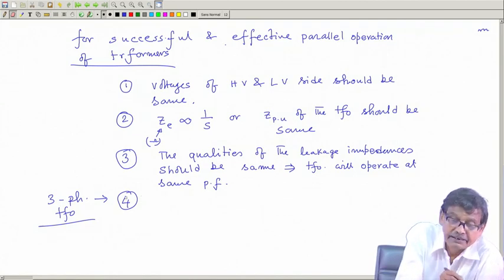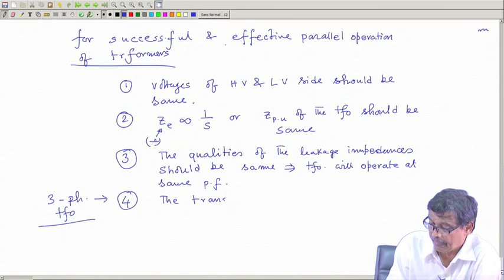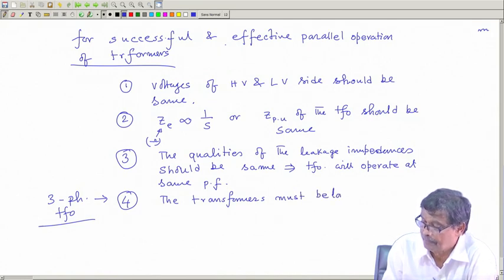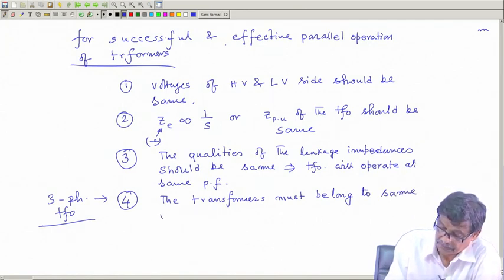We must write that the transformers must belong to same vector group.